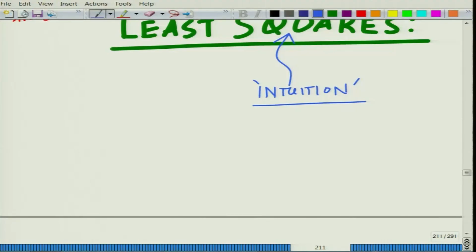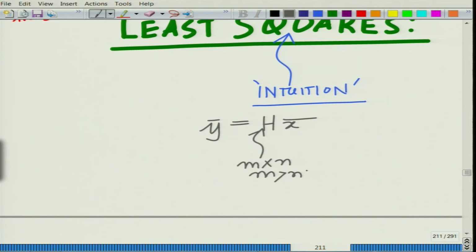As we have seen, let me briefly describe it. What is the least squares all about? Least squares is when you have this problem, a system of linear equations where H is an M cross N matrix, typically M is greater than N, so it looks like a tall matrix.